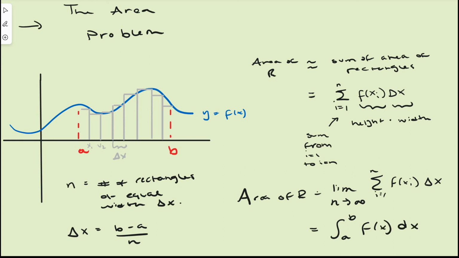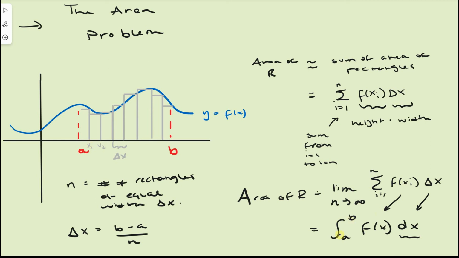And you can think of this dx as what it really is, a differential, which you learn in Calc 1. But you can think of it as kind of like the infinitesimally small width delta x, right? So that's like the width, and then the height is this f of x i, right? So counting up i equals 1 to n, those are discrete values.